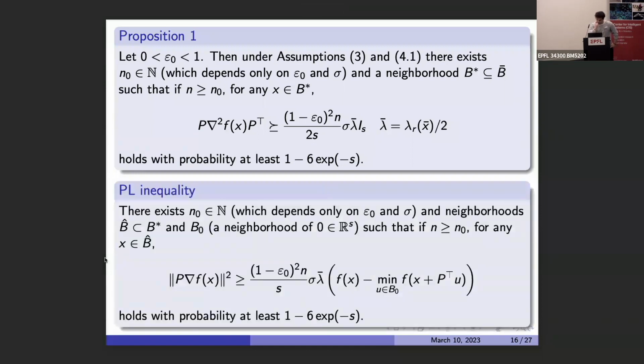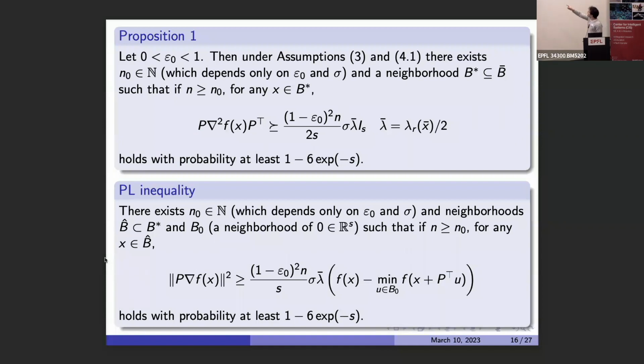And so once we have this, we can prove some PL inequality. If the function is strongly convex, then the PL inequality says that the norm of the gradient of the function is greater than some constant times f of x minus the minimum of f. This is similar.